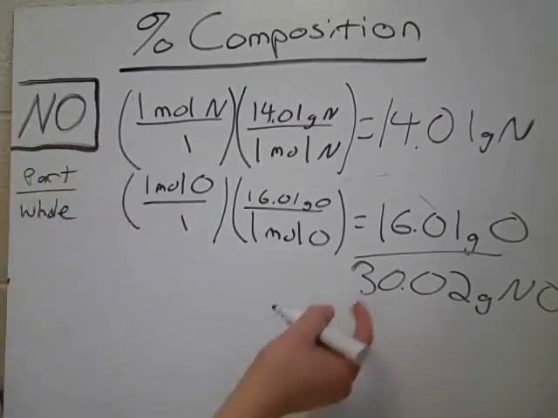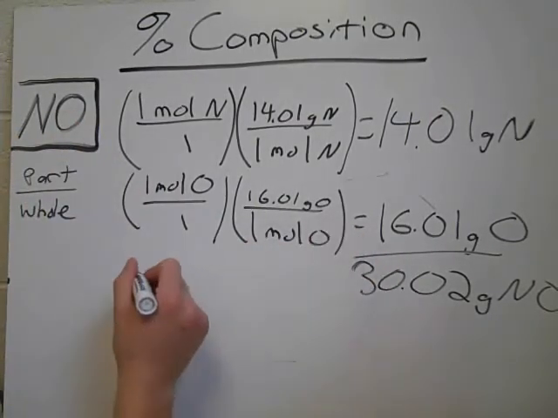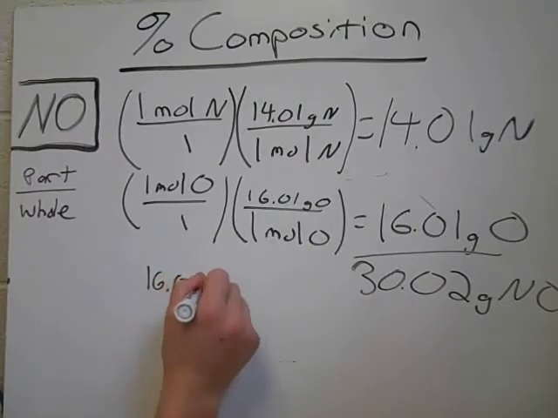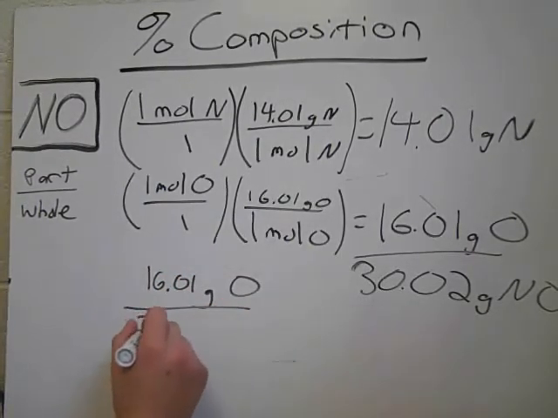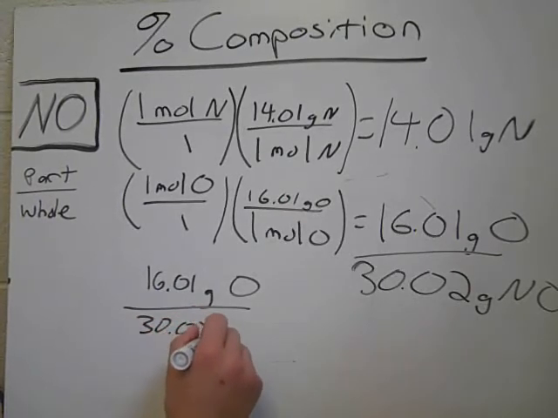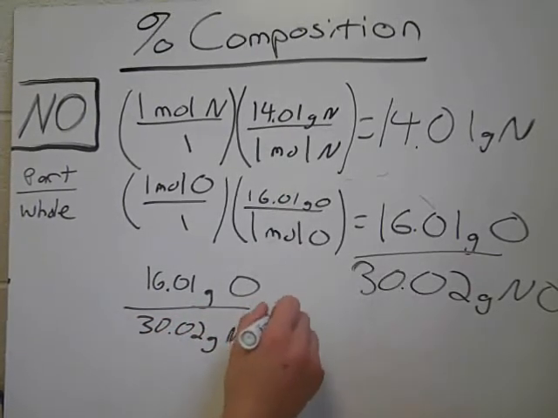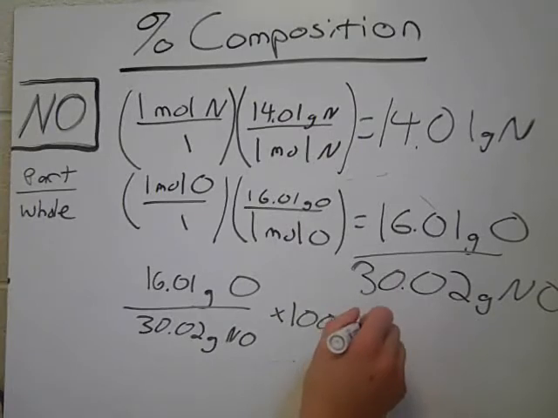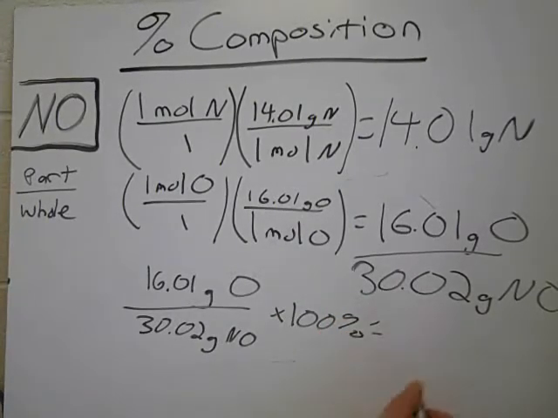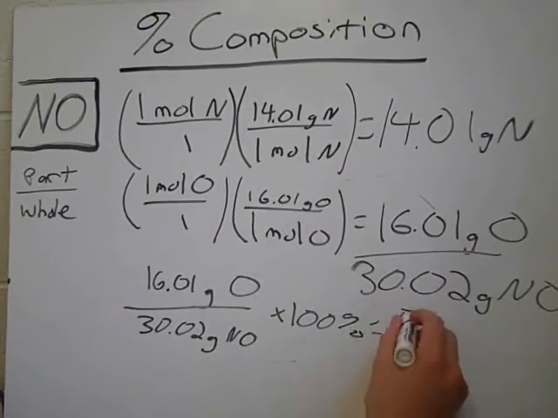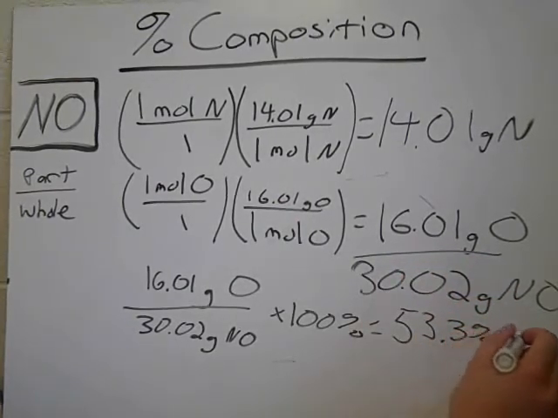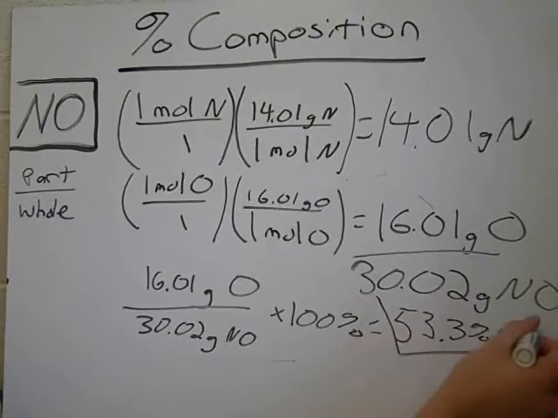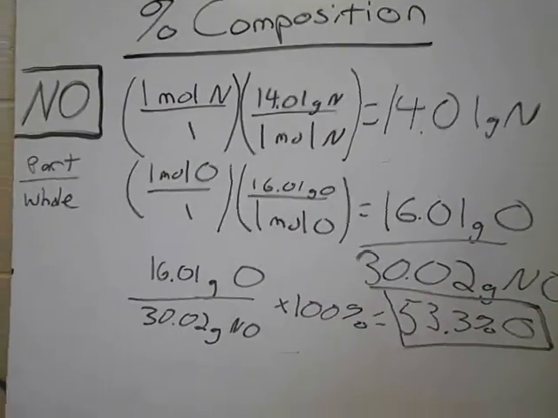So you take your part, which is oxygen, 16.01 grams of oxygen, over the total 30.02 grams NO, multiplied by 100%, and that will give you 53.3% oxygen. And that's your answer for that one.